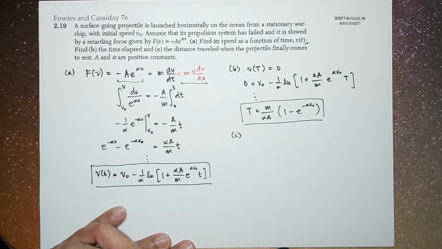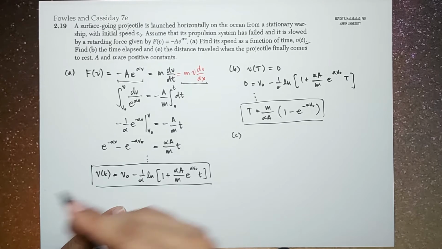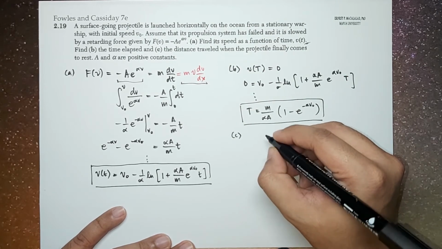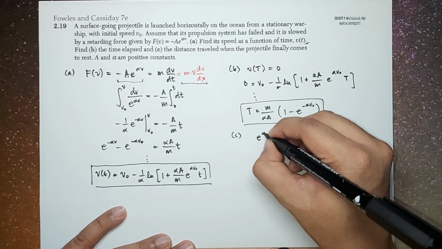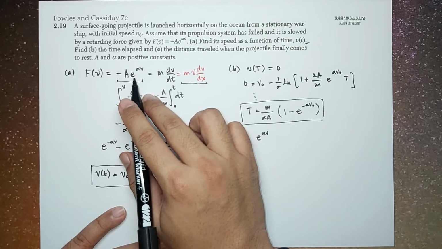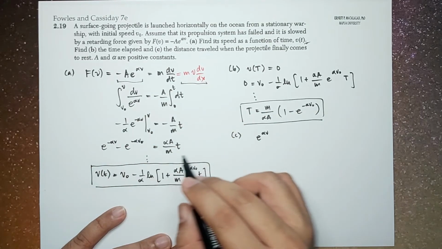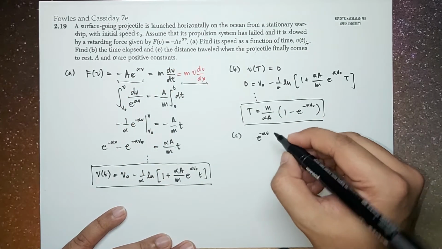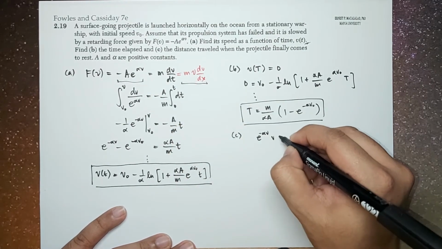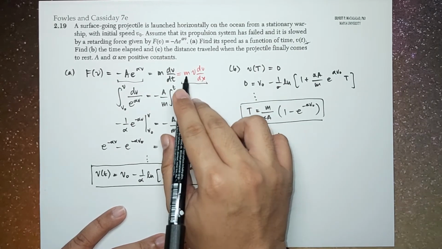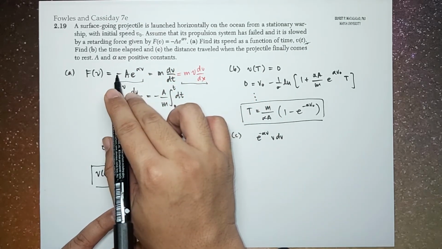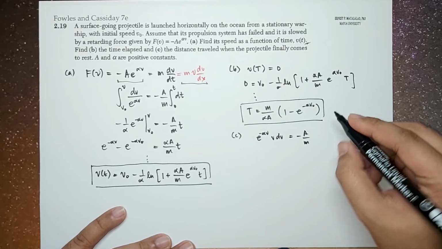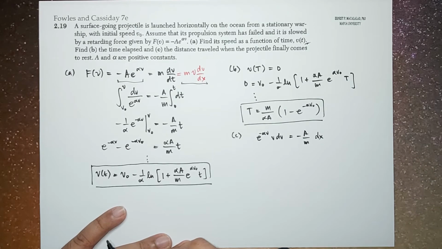Therefore we can rewrite the equation of motion as e to the alpha v, transferring to the other side e to the negative alpha v, times v times dv, and then m and dx will be transferred to the other side, which gives us negative a over m dx.